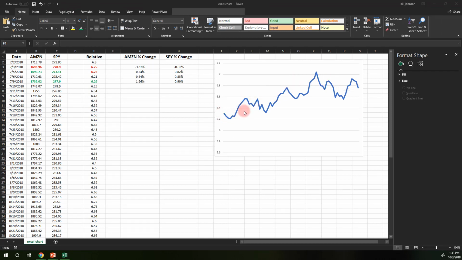But too many times new traders will see it tick up and they'll say, oh, that means that the stock price was rising. Not necessarily so. Or down through here, they'll see it fall and they'll say that means that the stock price was falling. Not necessarily so. Both numbers could have been rising. So you just have to remember when you're using this indicator, you are looking at the relative prices between the two.